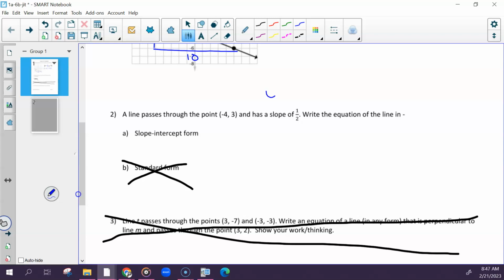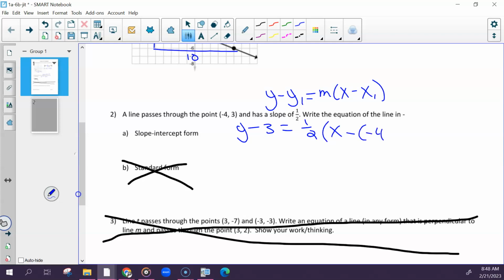So you have to use your point slope. That is something you'll need to know and remember. And then you can start putting pieces in. So this would be y minus our y1, which is 3, equals our slope of 1/2 times x minus our x1.